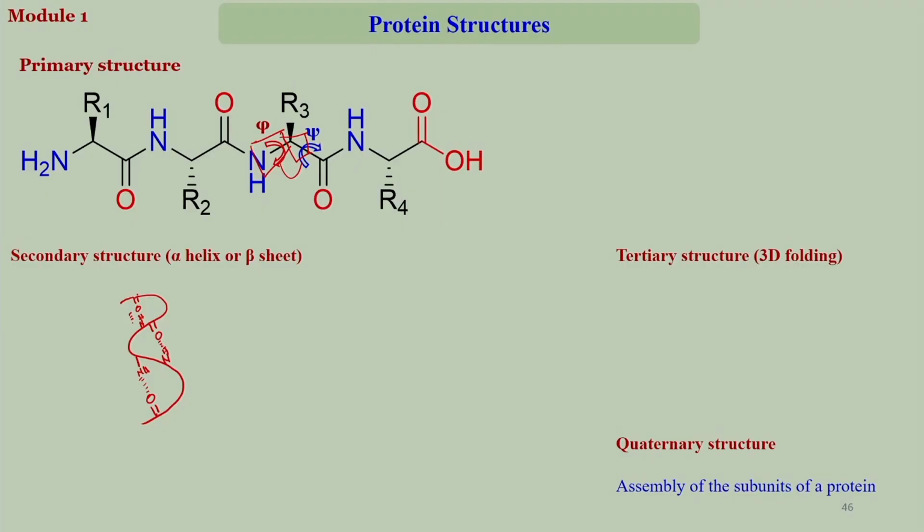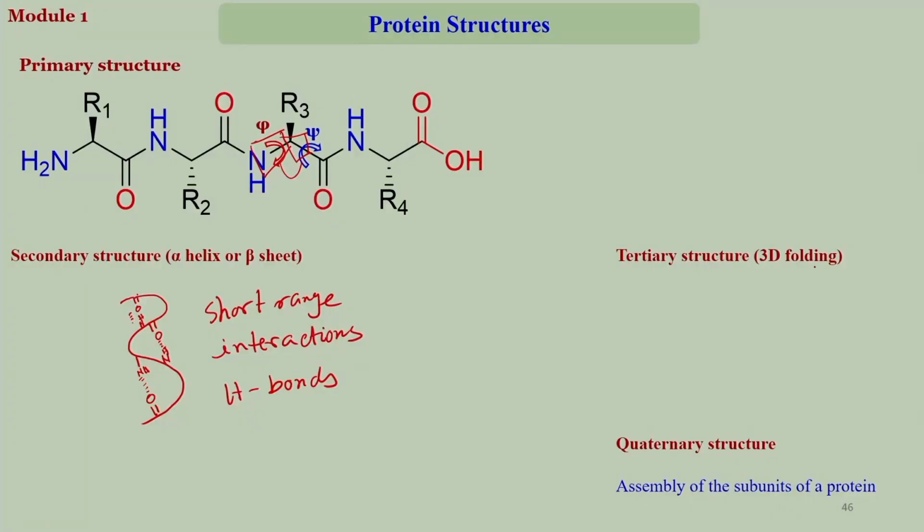So, that is the secondary structure of the protein, alpha helix or the beta sheet, and this is formed, as I have mentioned, due to the short range interaction, primarily hydrogen bonds. Now, once a secondary structure is formed, it undergoes further modifications to assume a tertiary structure of the protein, which is basically the functional protein.